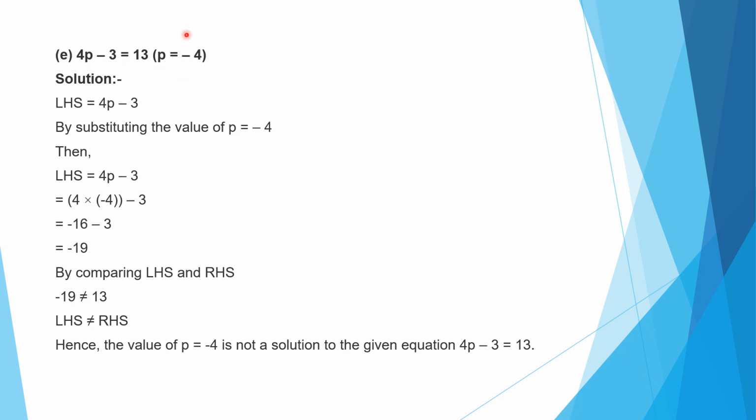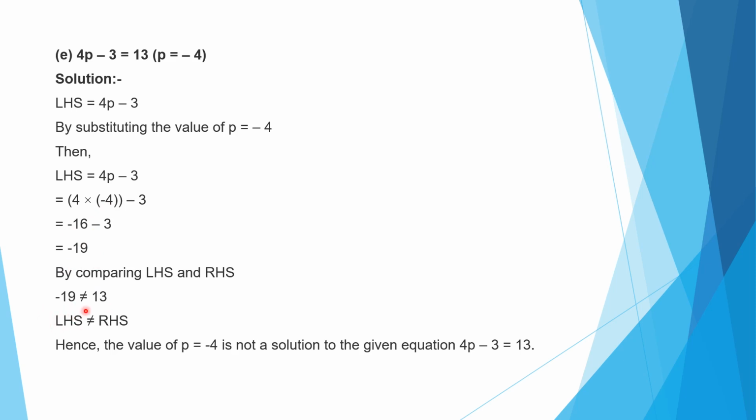We have to check whether p is equal to minus 4 satisfies the equation or not. Okay, let us take LHS. LHS is 4p minus 3, and the value of p is minus 4. Then 4 into minus 4 and minus 3. 4 4s are 16, and the minus sign will come: minus 16 minus 3 is minus 19.